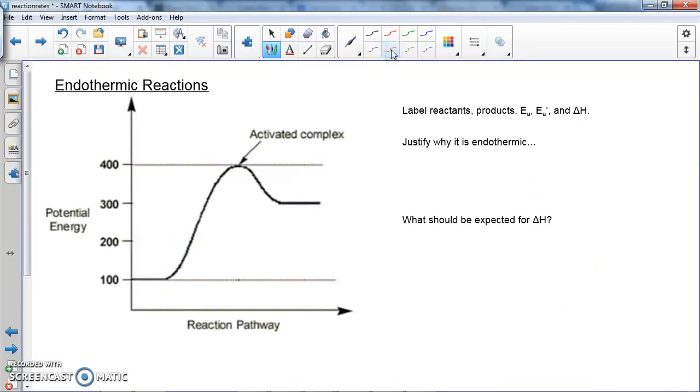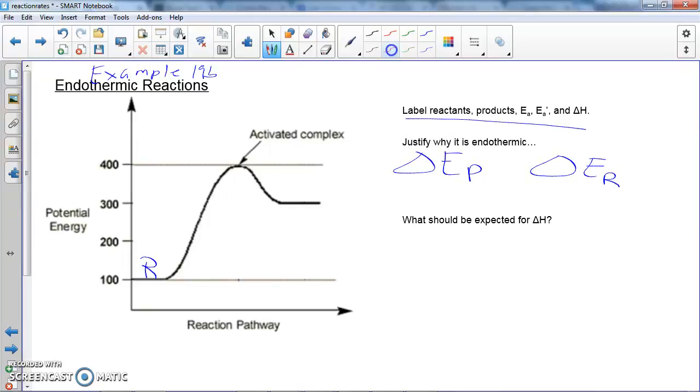So this is going to be example 19B. We're going to go ahead and label the parts on our graph. Remember to justify it. We talk about the change in the energy of the products versus the change in the reactants. So I'm going to go ahead and label mine. You can label yours and then compare.